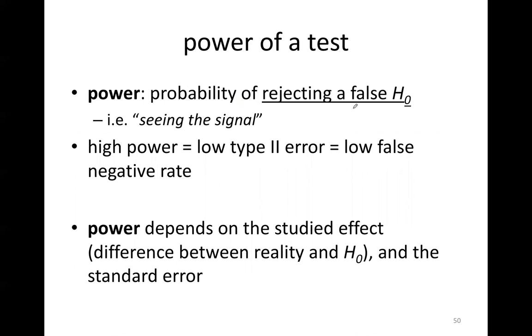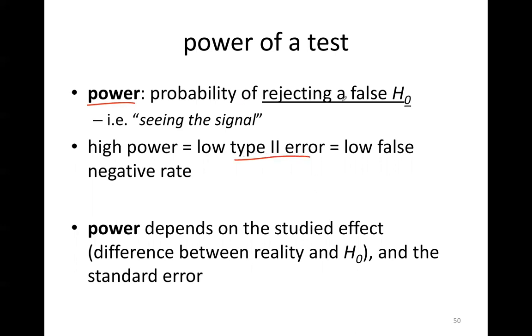Now we'll be talking about a related concept. We talked about type 1 and type 2 errors, and now we'll learn about power. Power is the probability of rejecting a false null hypothesis. It's just the opposite of type 2 error probability.